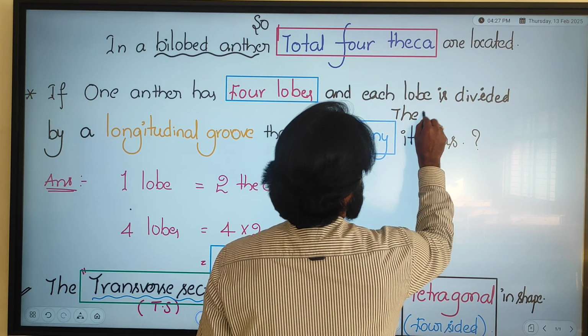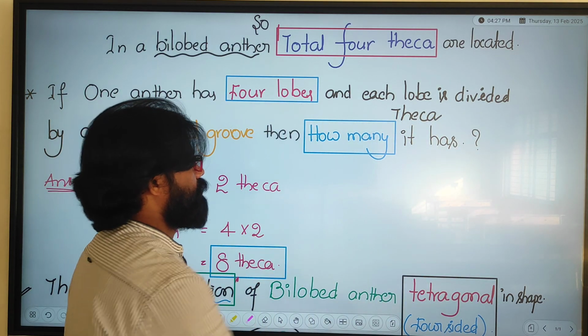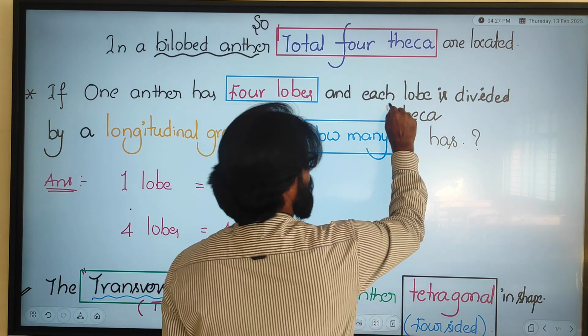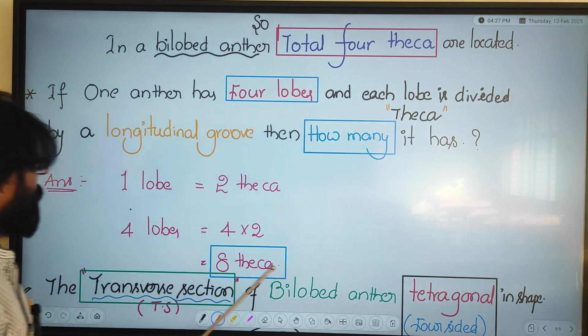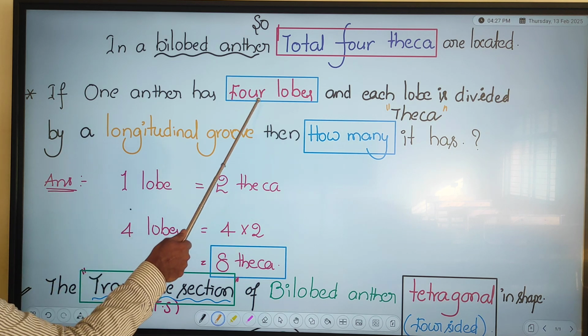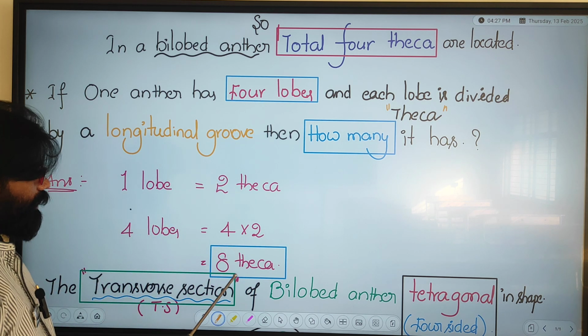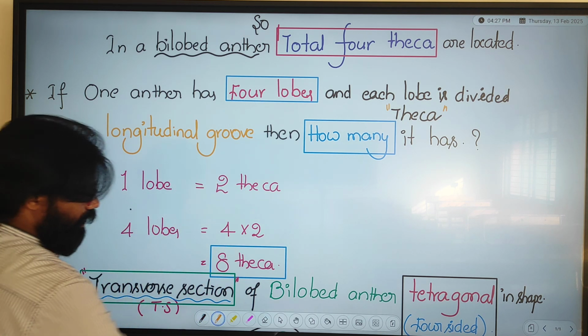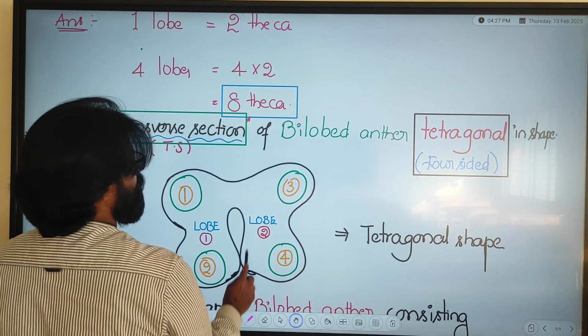How many theca does it have? Now you know that one lobe has 2 theca, so 4 lobes, 4 into 2, is 8 theca. This is an application question for us.